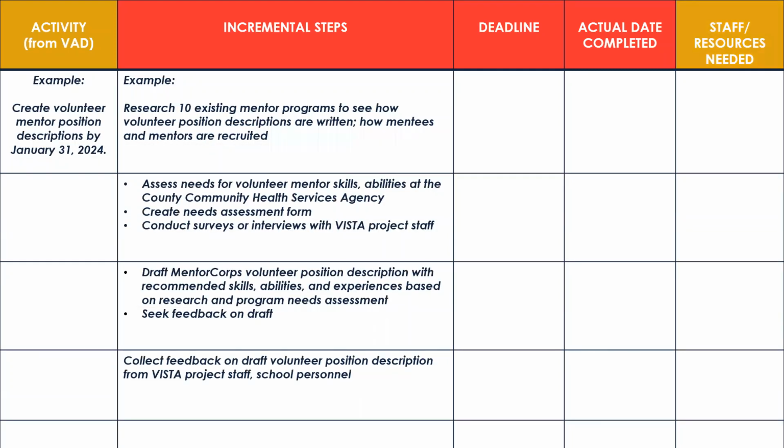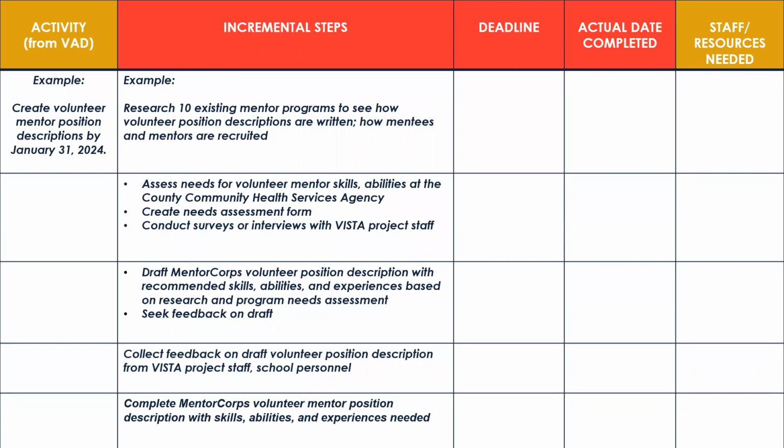That research could and likely did lead Vic to determine some additional incremental steps. And these are really the heart of the steps needed to complete this particular activity. Find out the needs of the project, find out the needs of the students, talk to the project staff, get in with the school if you can, try to figure out how the mentor program at the AmeriCorps site is going to work.